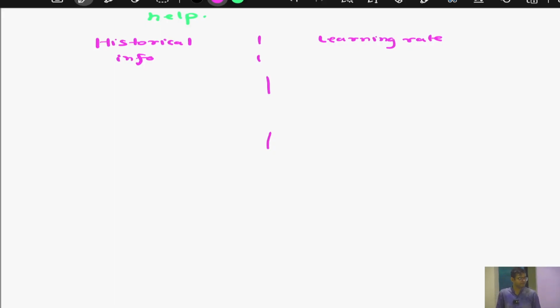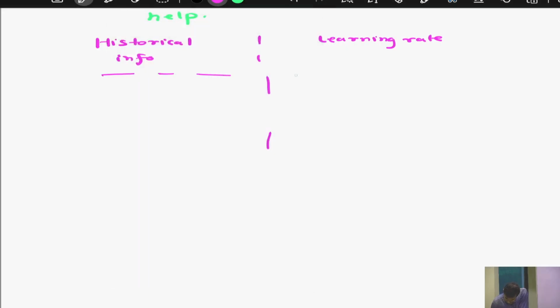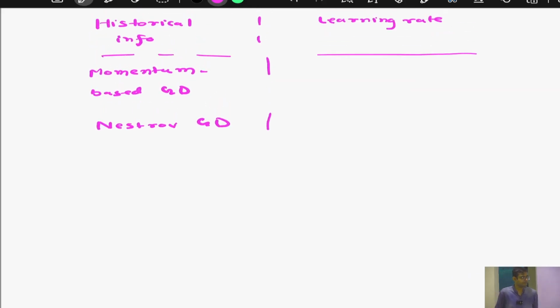You bring the idea of momentum into the picture, so momentum based gradient descent. The second one is Nesterov gradient descent, and we'll talk about both of these algorithms today.